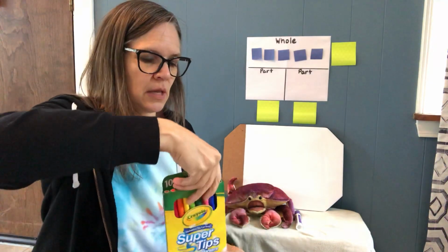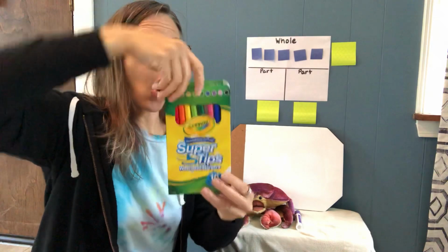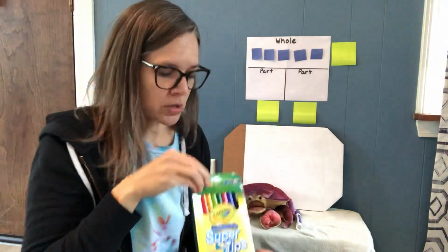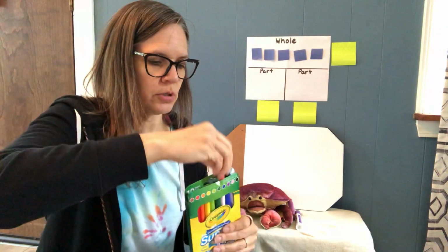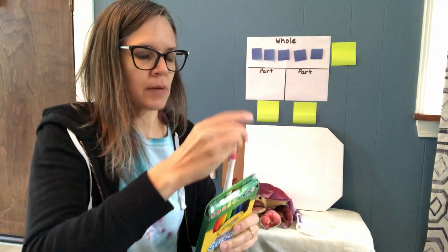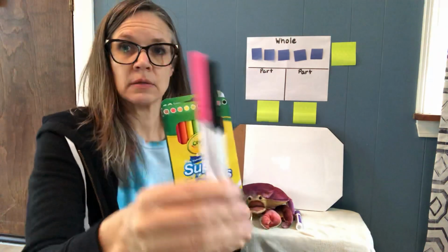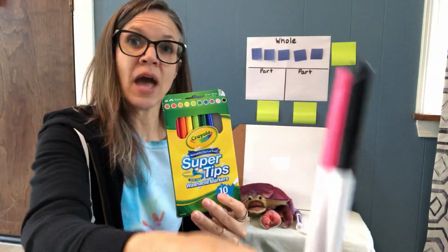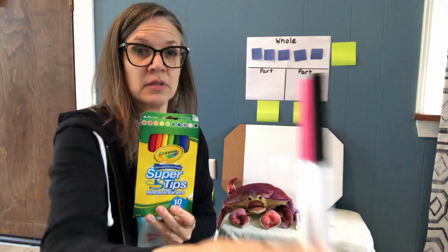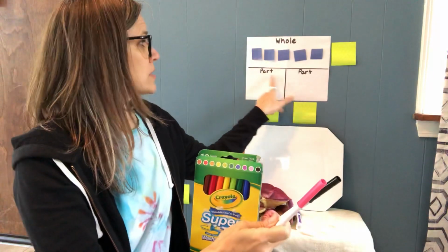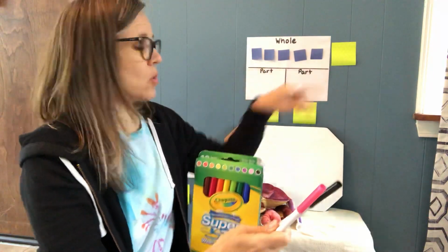But if I open up my whole package of markers, and let's say I give you some of the markers. Now you have part, and I have part. That's what this is here. Part, part, and here's the whole.